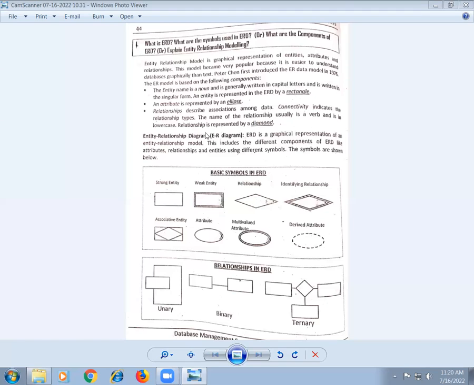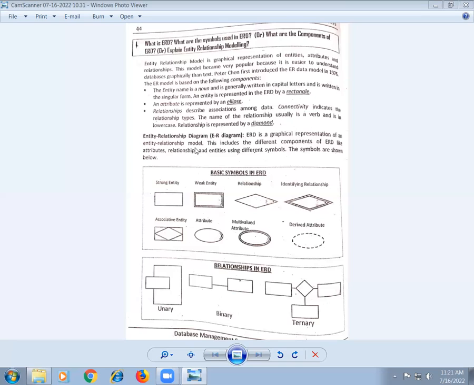Important point, keep it in your mind: the diamond symbol is always used for relationships. These are the different symbols, very important. The rectangle is used for entities, the ellipse symbol is used for attributes, and the diamond symbol is used for relationships.